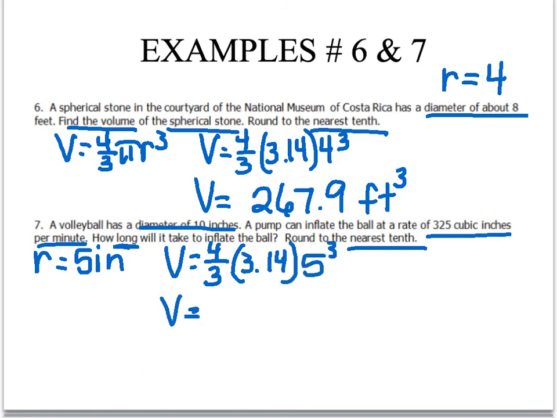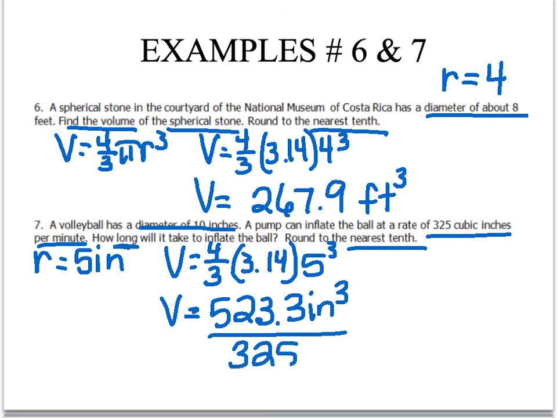And the volume of this figure is 523.3 inches cubed. And in order to find how long it will take, we need to do this answer divided by the 325 cubic inches per minute. And so that gives us an answer of 1.6 minutes.